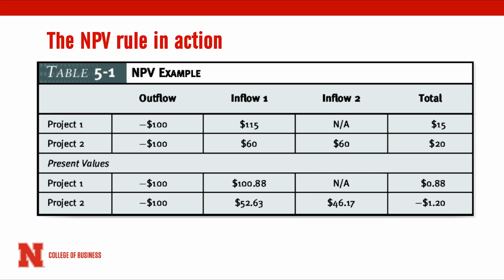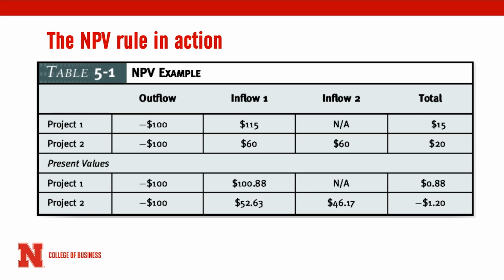In total, those add up to less than $100 million. In fact, they add up to $98.8 million. In the case of Project 2, the present value of the cash inflows is actually less than the present value of cash outflows, and Project 2 has an NPV of negative $1.2 million.